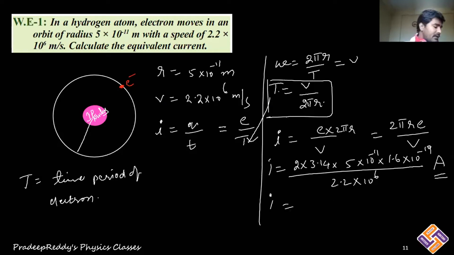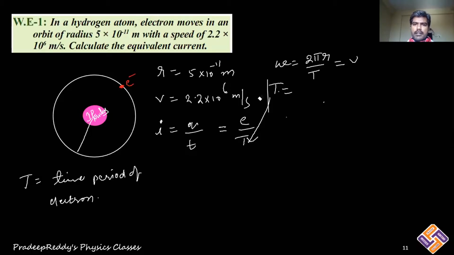Approximately, you will be getting the answer as 1.12 milliampere. So the electron motion around the nucleus of a hydrogen atom will produce a current of 1.12 milliampere.